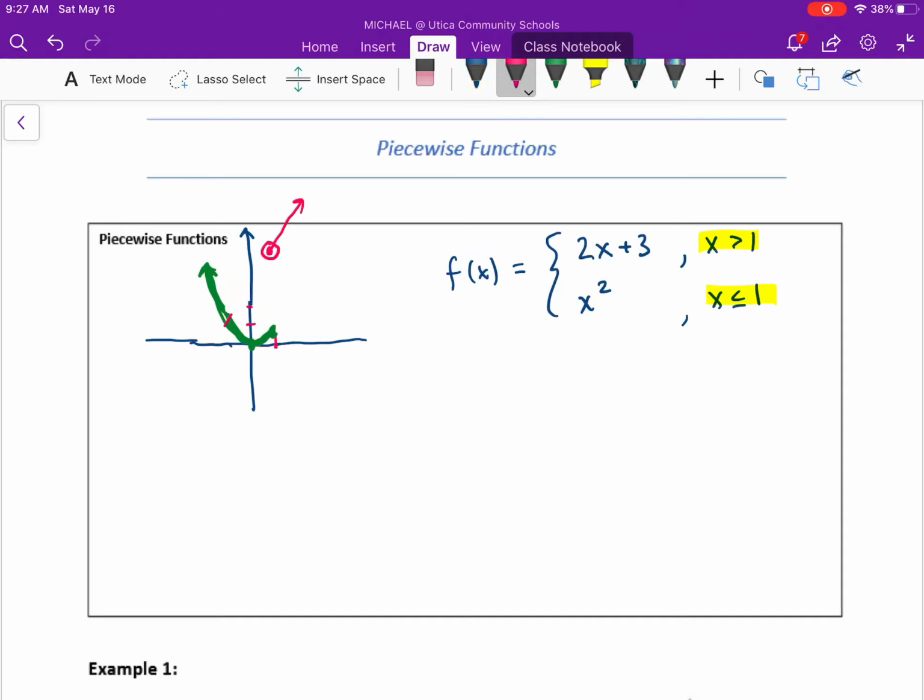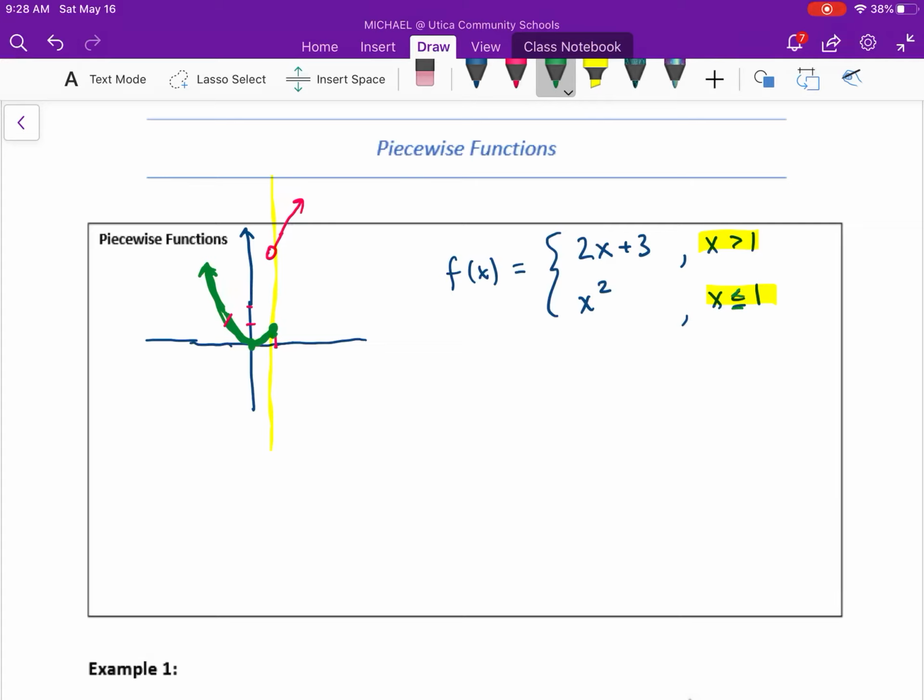So again, let me draw the rest of the graph in there. So as you can see, I'm going to change that to be an open circle. So on the left side of 1, we have the parabola. On the right side of 1, we have the linear function because it's split up. And that's how you would draw a piecewise function.